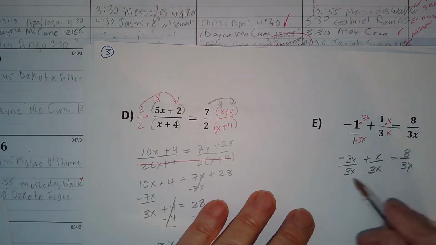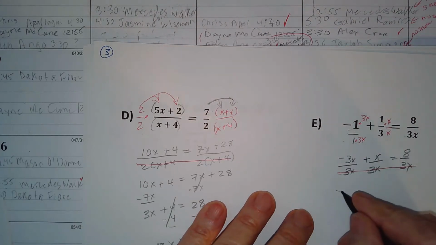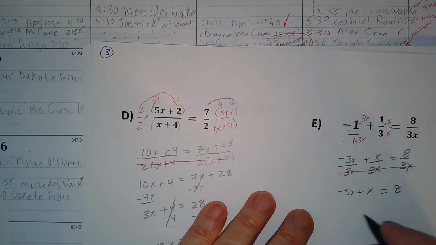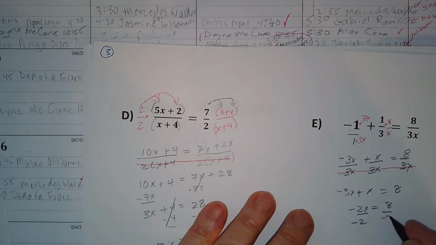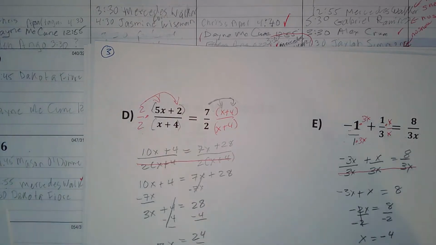Get rid of the denominator. Oh, gone. And so I now have negative 3x plus x equals 8. Negative 3x plus x leaves us with negative 2x equals 8. Divide by negative 2. And I get x equals 8 over negative 2 is negative 4. Done.